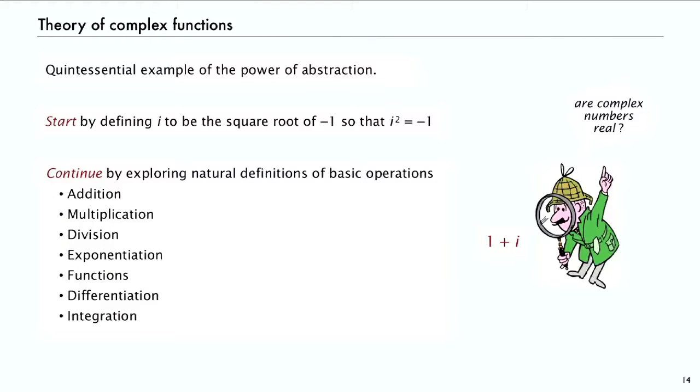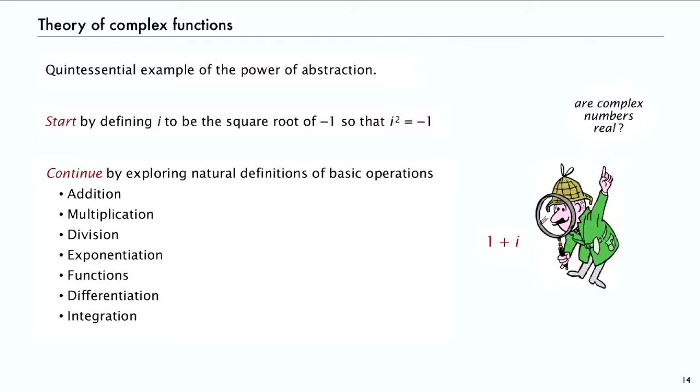All of these things are pretty simple, they get more complicated as we go on, but just starting with that idea, we're going to want to do things with these numbers that involve this imaginary number i. We're going to want to add, multiply and divide them, do exponentiation, define functions, and differentiate and integrate them.